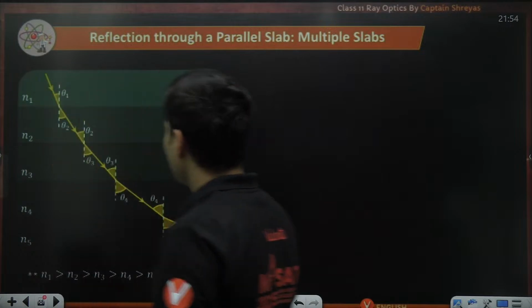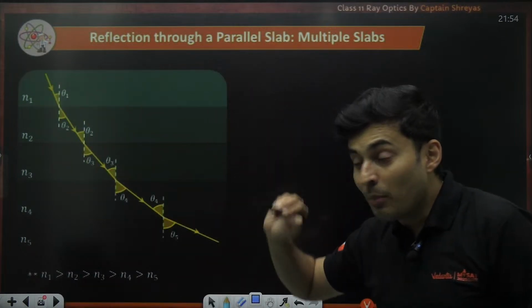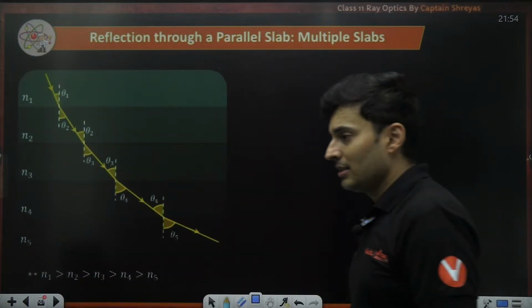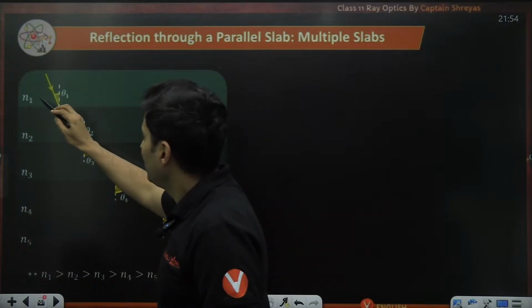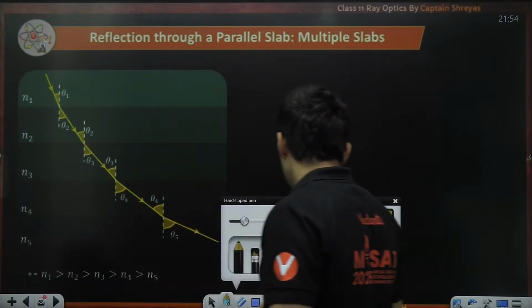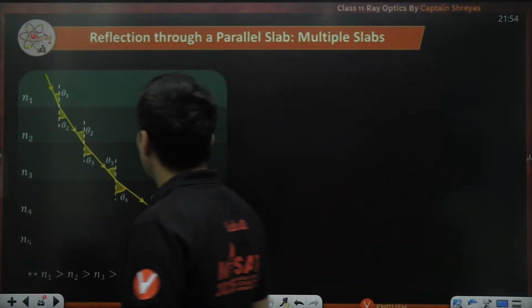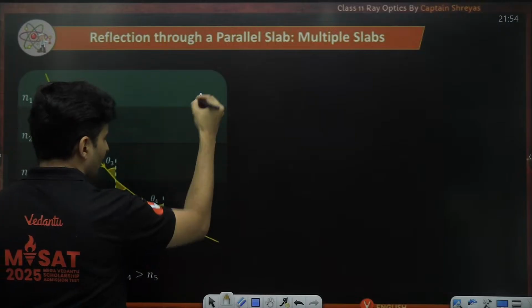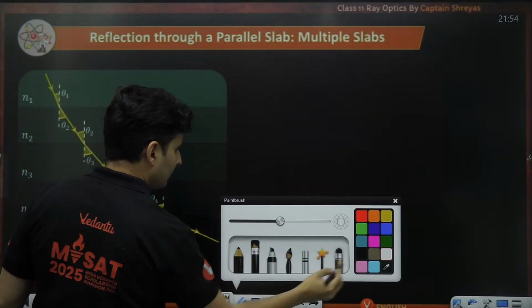Okay. So when there are multiple layers, then this refractive index, instead of N1, N2, I don't like that number, so I'll just make this like this.